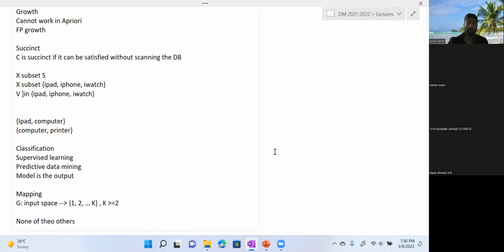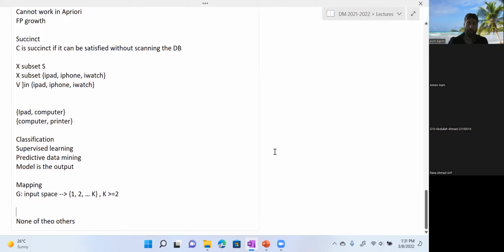What does this model do? It takes your object representation, which is my input space, and you can also call it your feature space, whatever that is, and it works on that and gives you your output. So if I write this again, G takes input X, let's say as a vector, where I have a representation in terms of vectors.